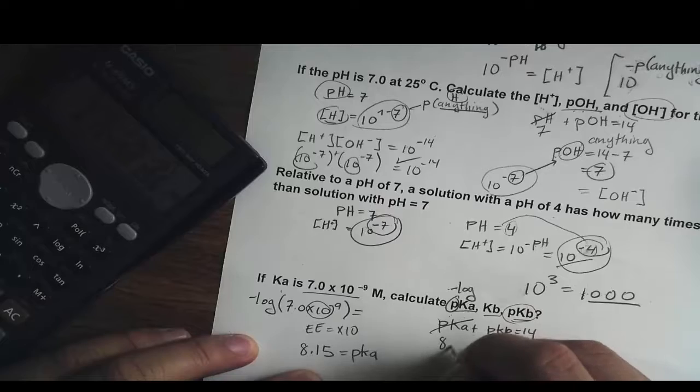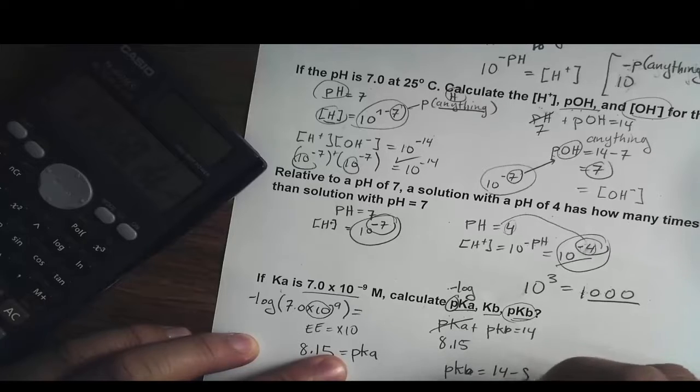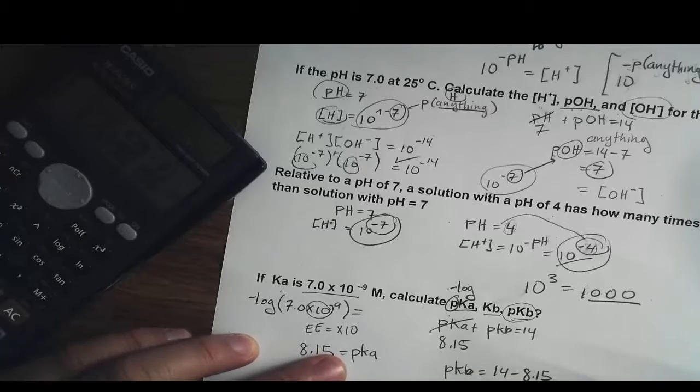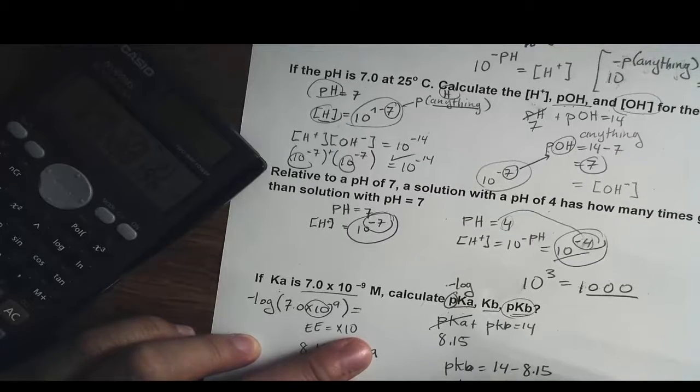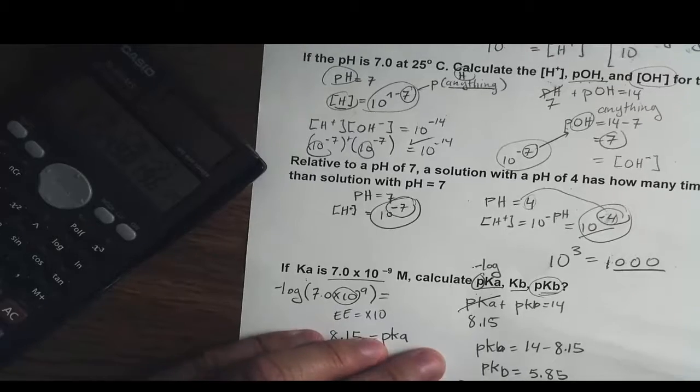This is 8.15, so your pKb must be 14 minus 8.15. If we plug this into a calculator, your pKb is equal to 5.85. Isn't that easy?